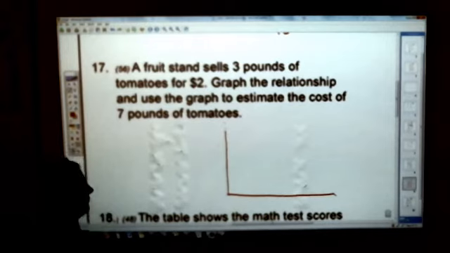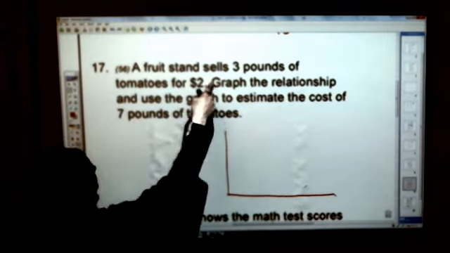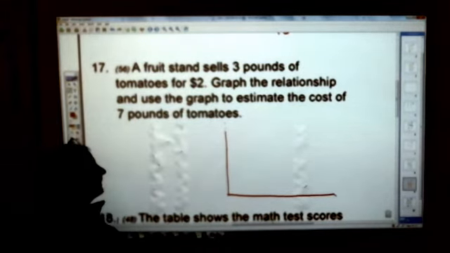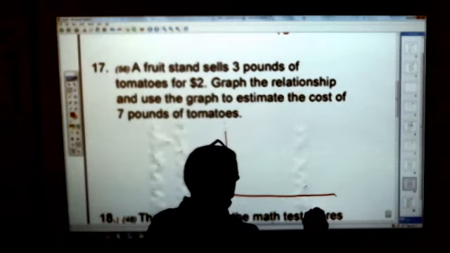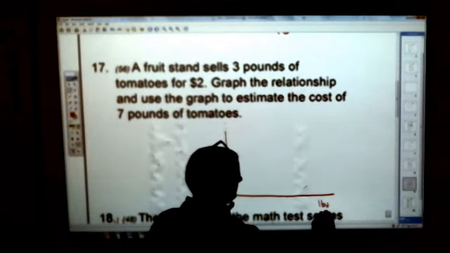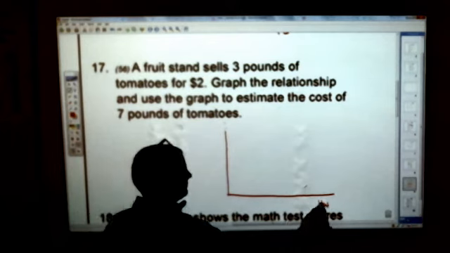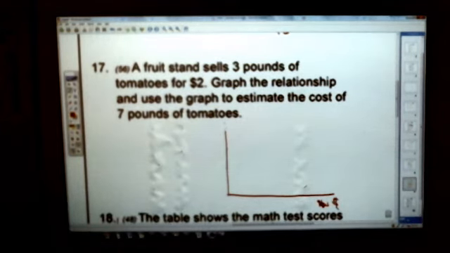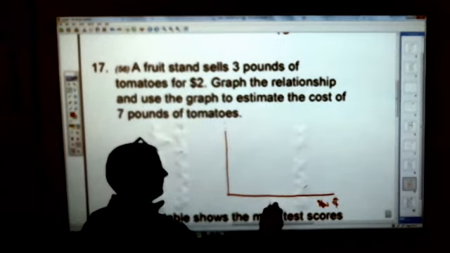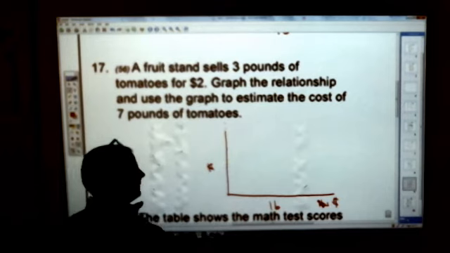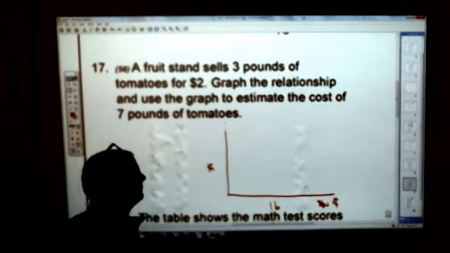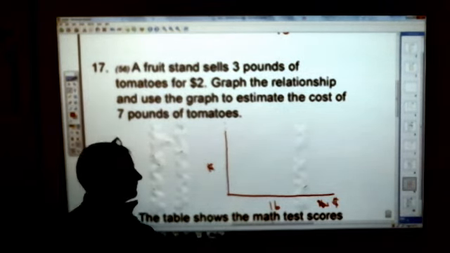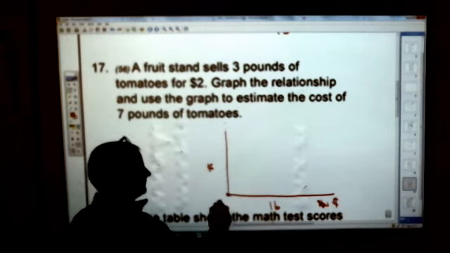All right, 3 pounds of tomatoes cost $2. Is this dollars? Yeah, this is pounds. Pounds on the bottom, dollars here. How much would 0 pounds of tomatoes cost? 0. So you've got your starting point.